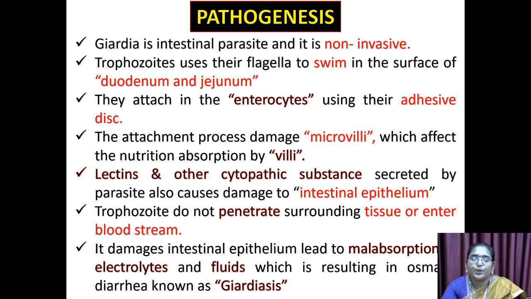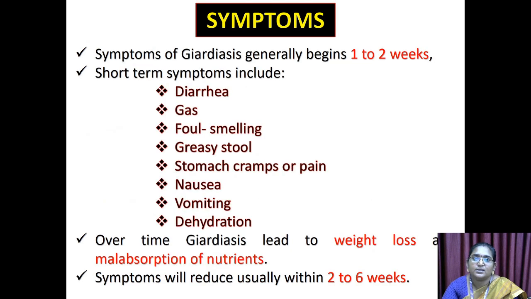Lectins and other cytopathic substances secreted by the parasite also cause damage to the intestinal epithelium. Trophozoites do not penetrate surrounding tissue or enter the bloodstream. The damaged intestinal epithelium leads to malabsorption of electrolytes and fluids, resulting in osmotic diarrhea known as giardiasis.